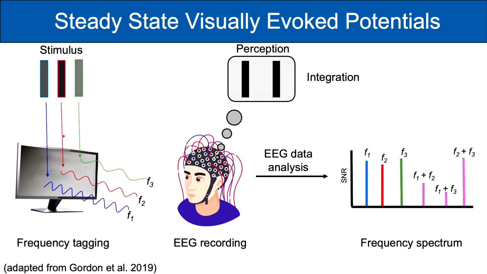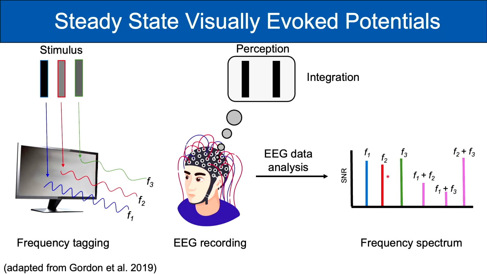On the other hand, if the separately tagged items are integrated at the neural level, we expect to see the combination of F1, F2, or F3 depending on the underlying integration. These are called intermodulation frequencies, as shown here. Under the integration hypothesis, the brain integrates information from central or surrounding items.